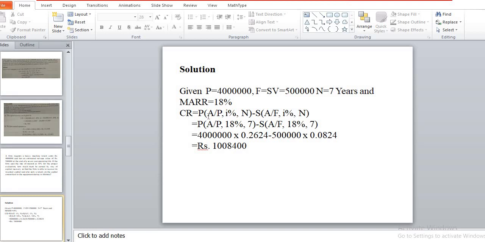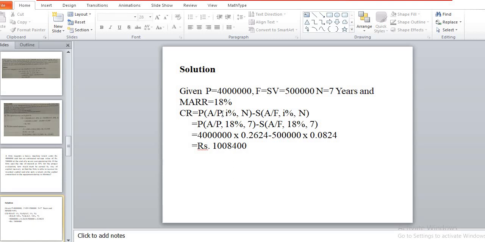So this capital recovery we calculate like this. Capital recovery is equal to P into the A by P factor. This A by P factor is nothing but the capital recovery factor. In the last video we discussed these tabulated factors.